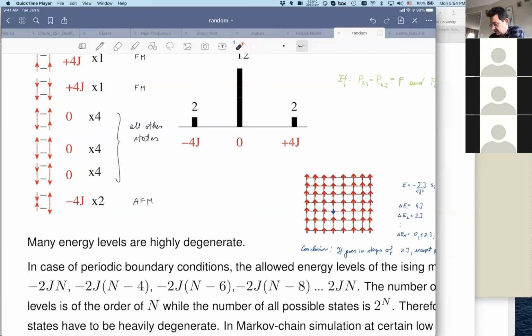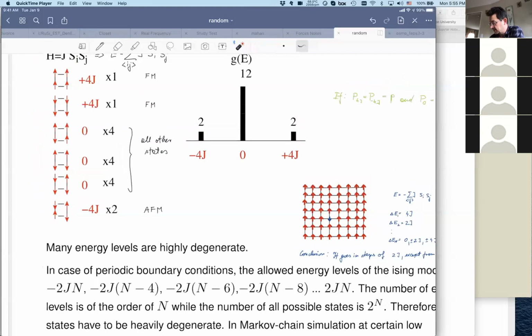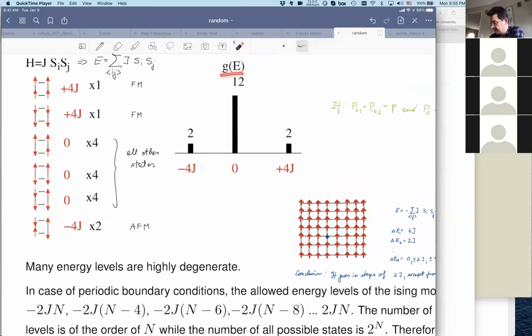Well, on this lattice site, for example, I selected that the spin is up, but I could equally well select the spin on this site to be down. And once I select that, all other spins are determined. So we know that there are two configurations like that. Now we see immediately that this many-body density of states is symmetric.